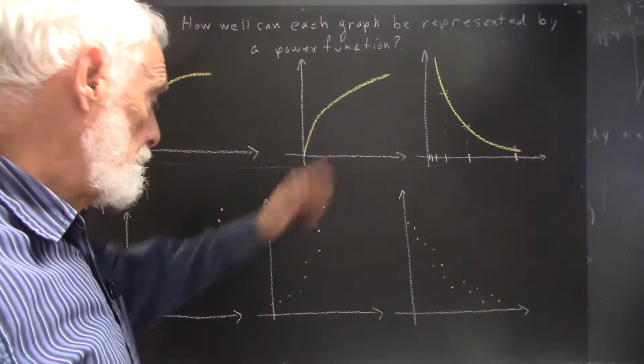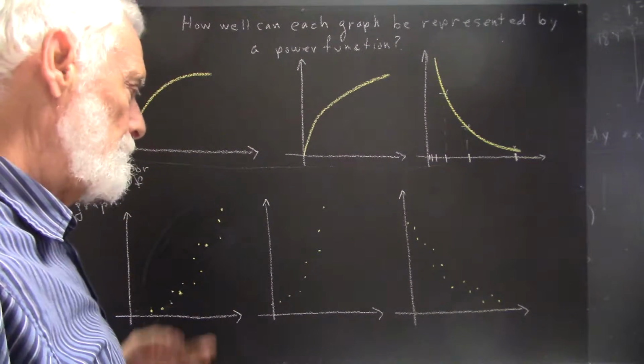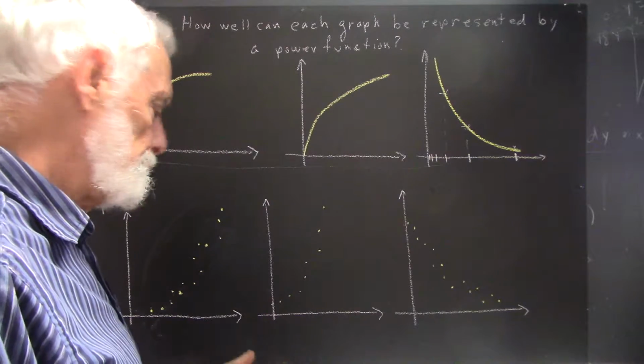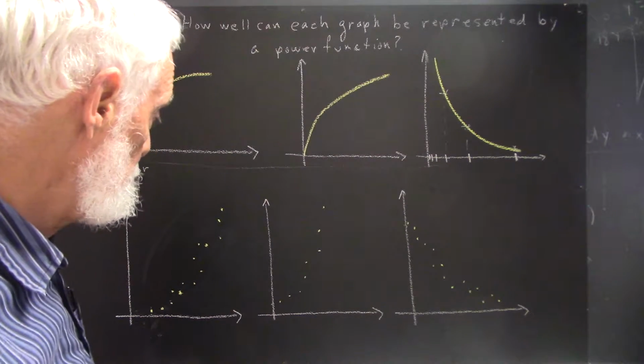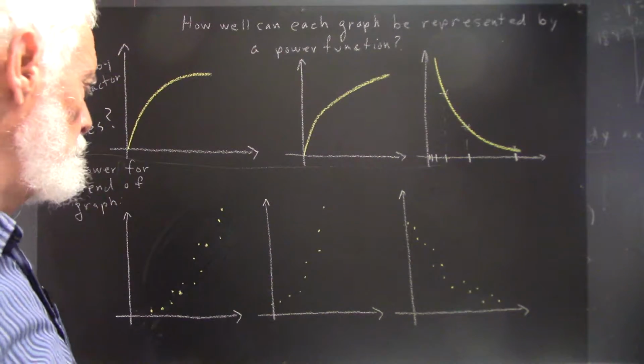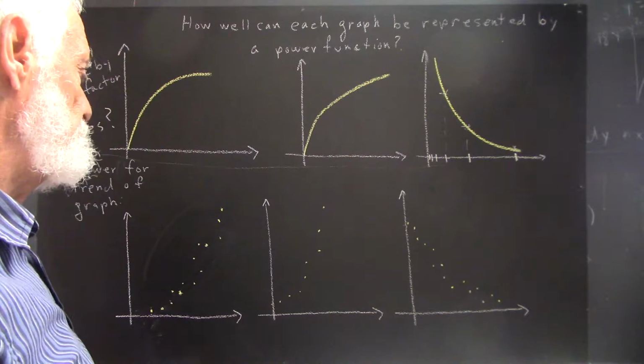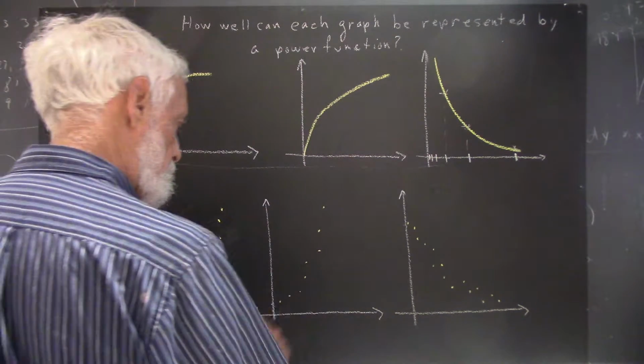I'm just trying to fit the trend of the data. And that takes a little practice to do. You can draw some of these and draw your own trend lines. Okay, and I'm not sure how well I'm going to do with this, just because of the angle at which I'm looking at the board. But hopefully I'll do well enough that you can get the idea.